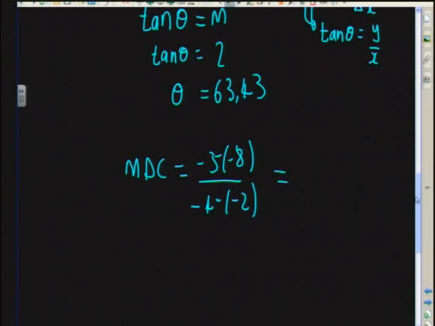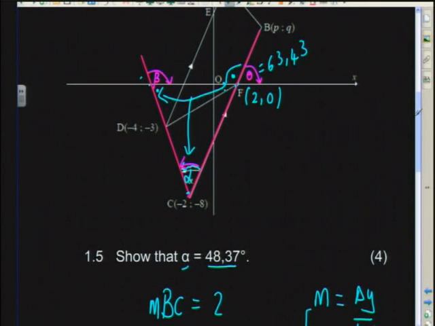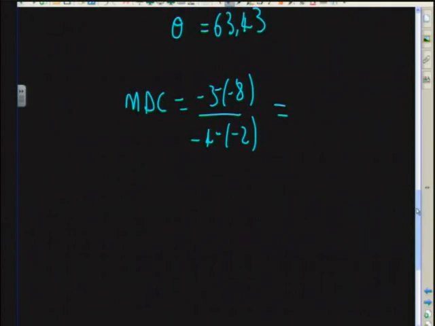So here we go. It's the y coordinate there, minus 8, and then minus 4 minus 2. That's going to give me negative 3 minus 8, which is minus 11... so that gives 8 minus 3, which is 5, over negative 4 plus 2, which is negative 2. So therefore, my gradient is minus 5 over 2.